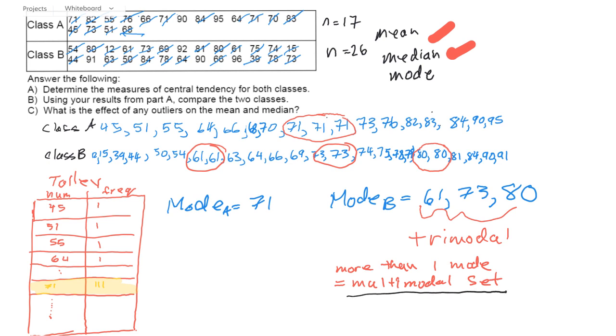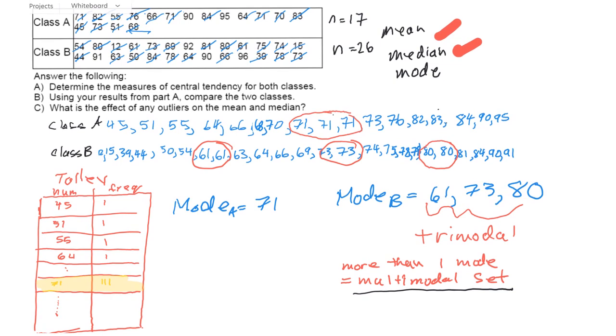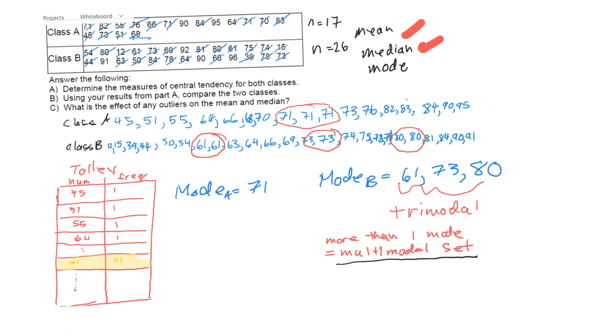Okay. So now let's go and take a look at the effects of any outliers for our entire set. And we'll also compare everything that's going on in the set. So now let's talk about this like a mathematician and try to make sense of what's happening here.